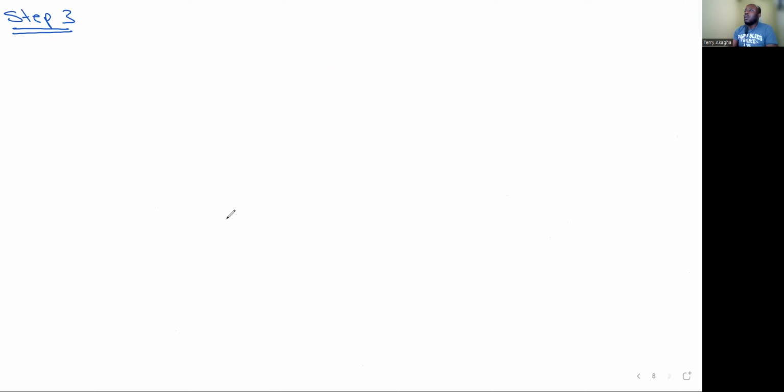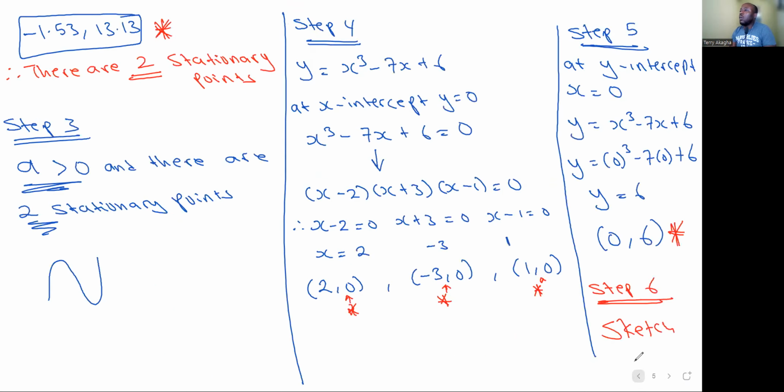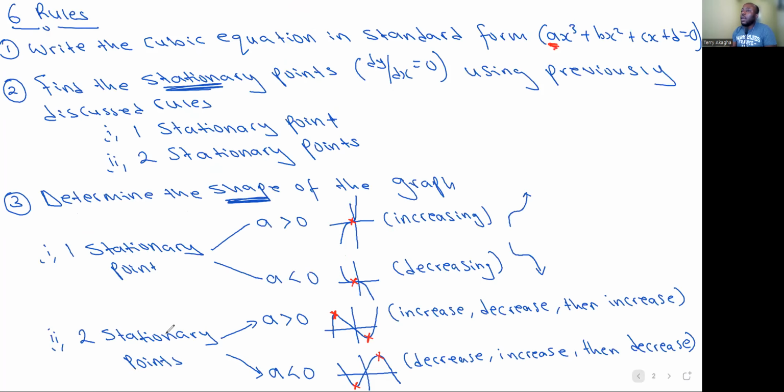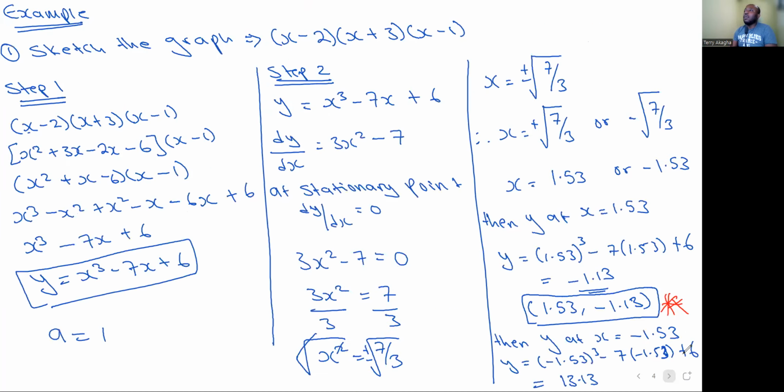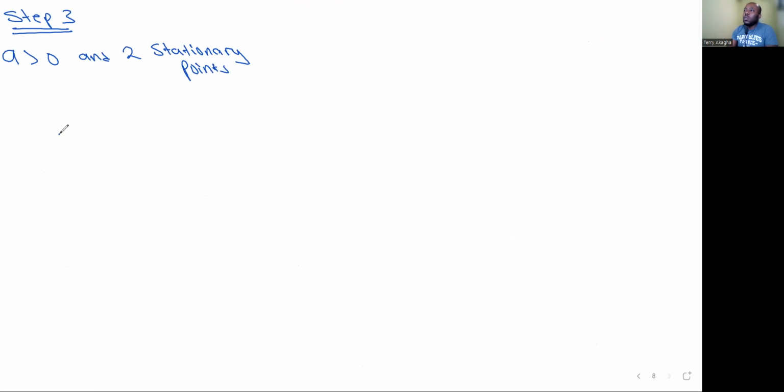So in step 3, a is greater than 0, and we also have two stationary points. So let's go to the rules. With a greater than 0 and two stationary points, it's going to be an increase, decrease, and increase graph. It's going to look like this. So the graph we should be expecting for this is going to look this way.